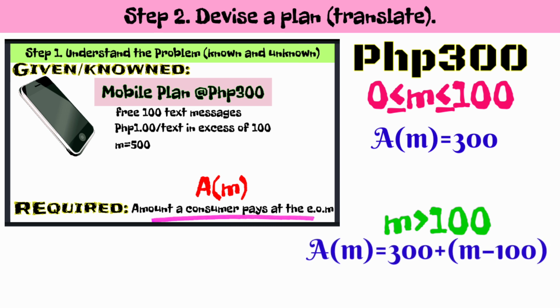So our equation is 300 plus M minus 100 when M is greater than 100, or when the number of text messages is more than 100.